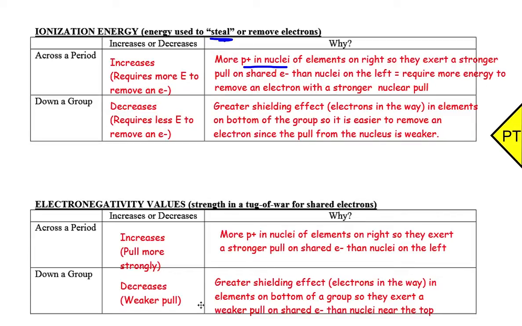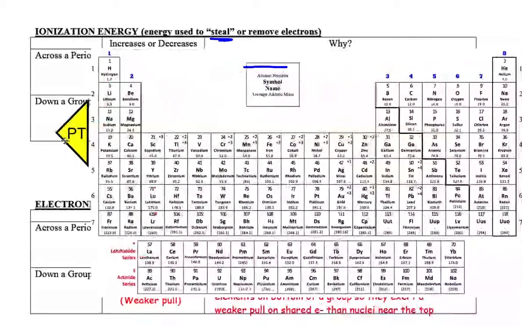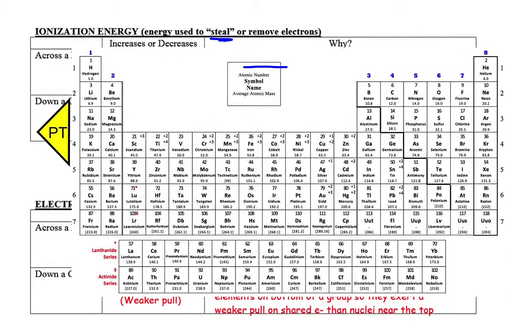I give the analogy in my class, if I was a teacher in the room, and let's say there's 3 teachers in the room, and somebody wanted to come in and steal a person from the second row of the classroom, the 3 teachers would put up a certain fight with a certain amount of energy. But if there were 10 teachers in the room and somebody wanted to come in and steal a kid from the second row, the 10 teachers could put up a much bigger fight and it would be much harder to steal.